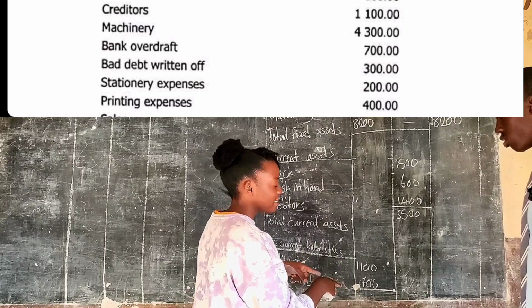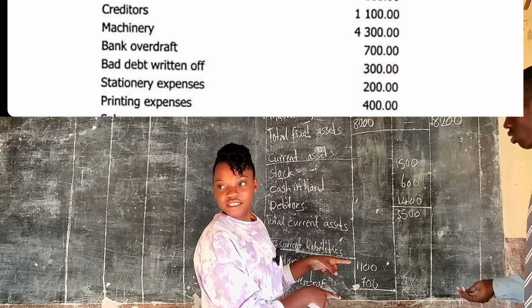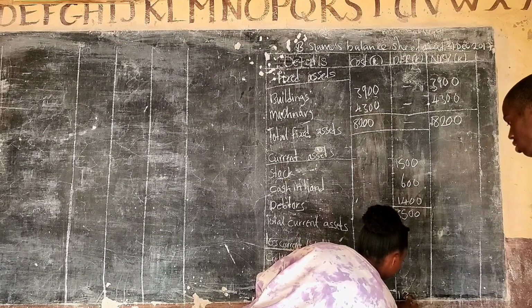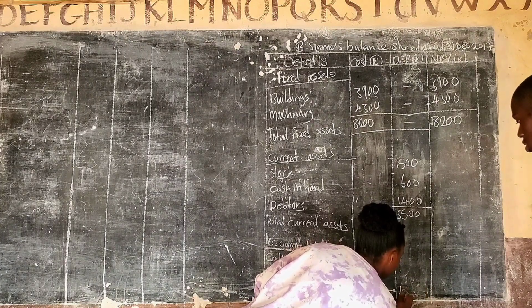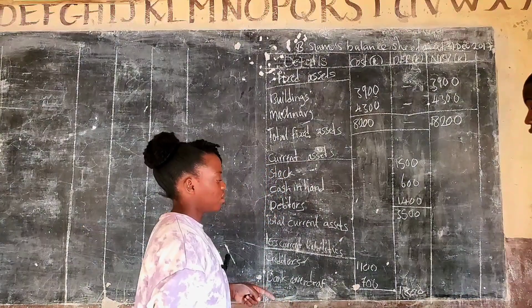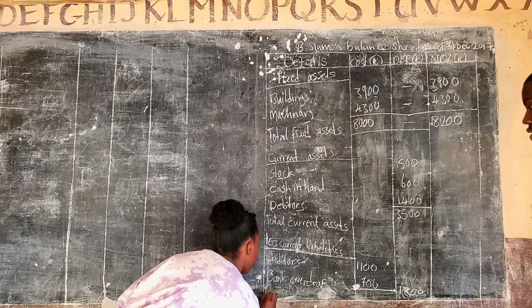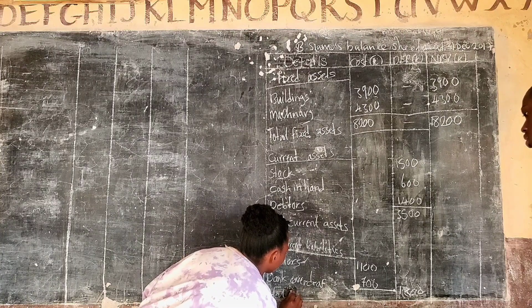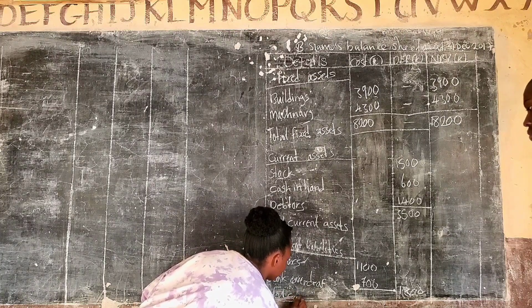So we are adding. How much is it? This will be total current liabilities.